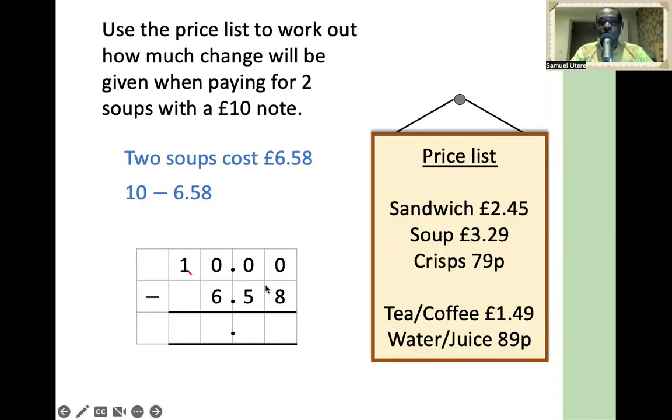Now we can do our subtraction. So why do we have to start from there? Because there is nothing here for us to do our subtraction. There's nothing here to do an exchange. So we start from here. This is the ones column and this is the tens column. So if we take 1 ten counter, it is equal to 10 ones.